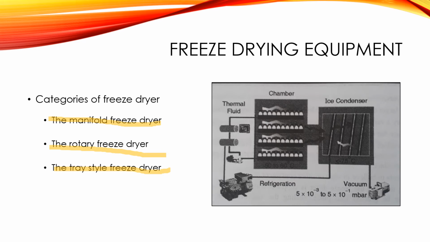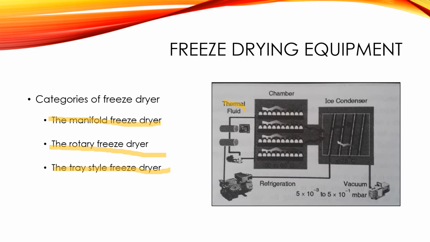So let's discuss one by one in brief. What is the manifold freeze dryer? In this, usually a circular tube is used to connect multiple containers with the dried product to a condenser. And this is the typical diagram of the freeze drying process consisting of the various components.